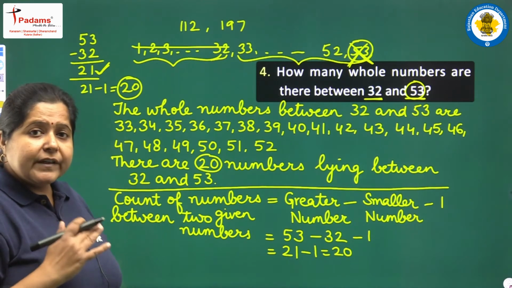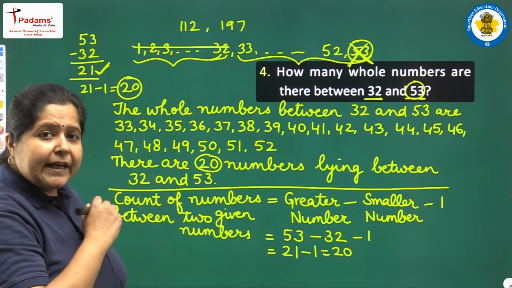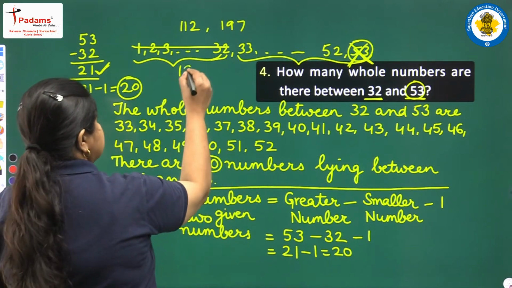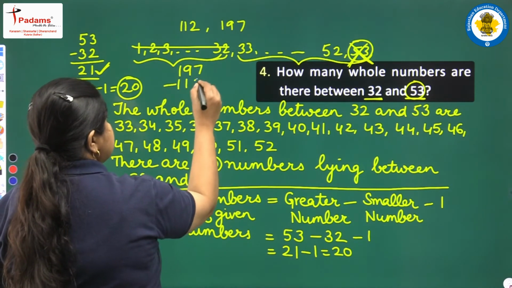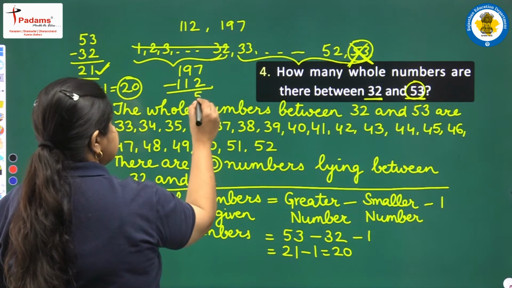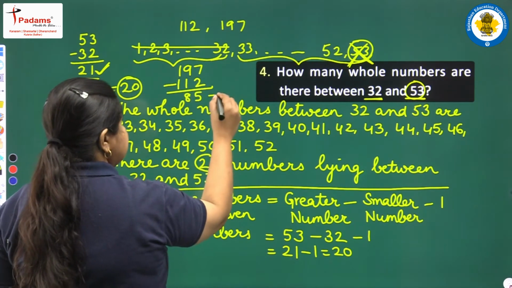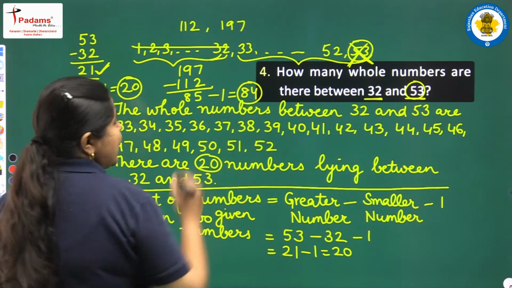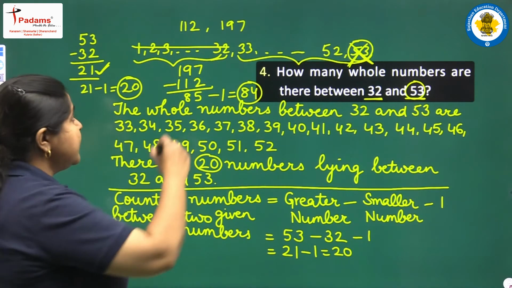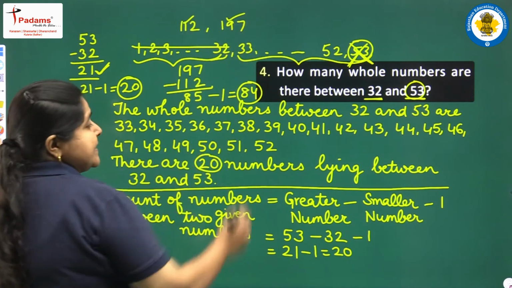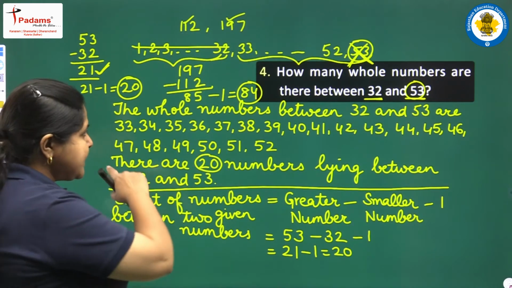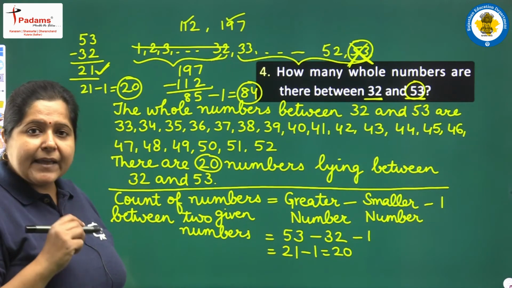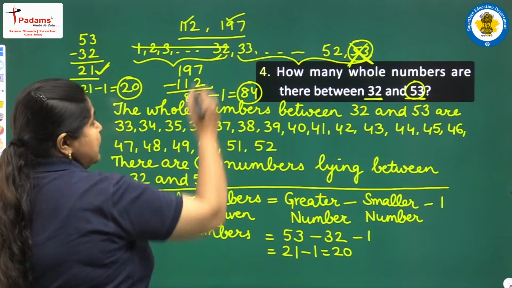So what we can do is subtract these two numbers. 197 minus 112 is 85, and then further subtract 1. You will get 84. So 84 numbers lie between 112 and 197. Without writing the numbers, we have easily found the count.